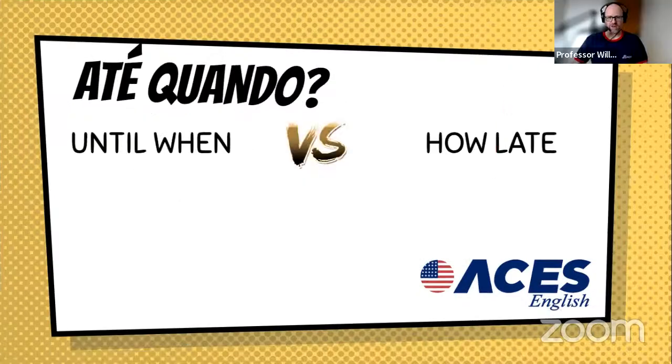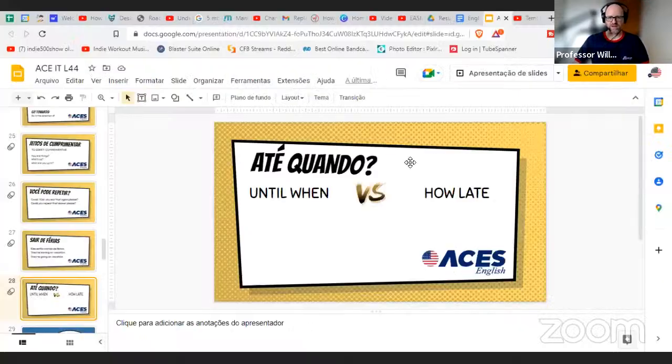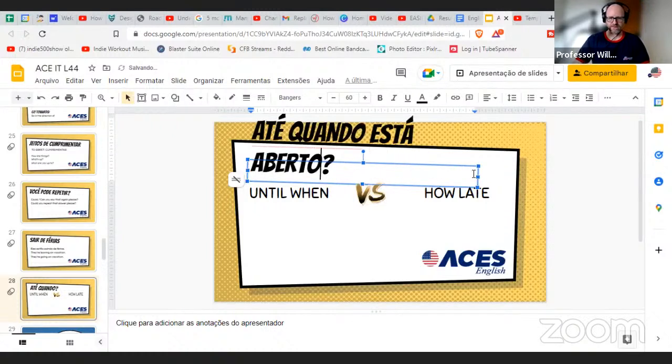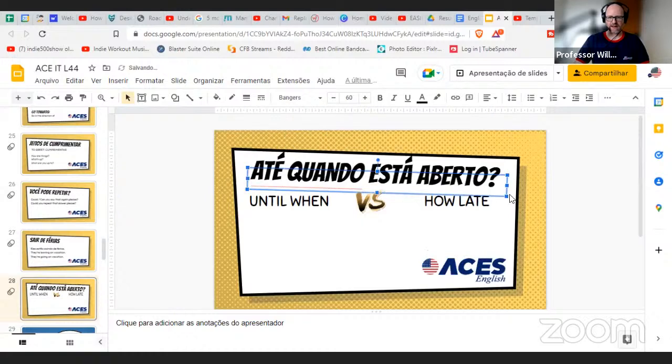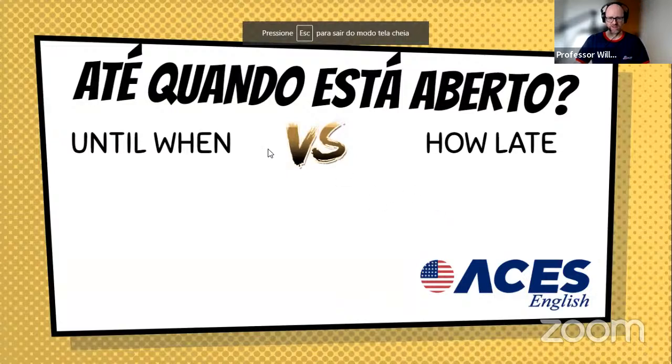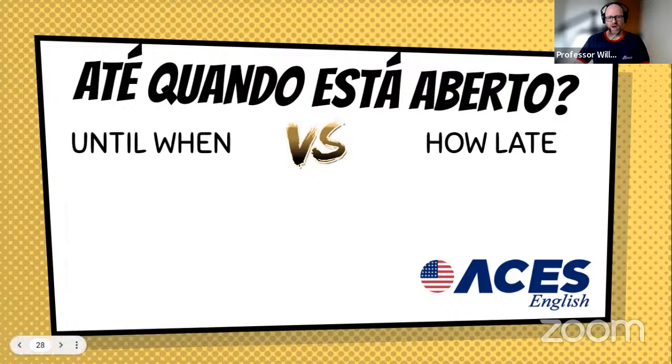Até quando? So, when we want to ask até quando, let's do this. Até quando está aberto? So, if you want to ask about an establishment, like a restaurant, a store, and we want to ask até quando está aberto, we can use until when, which is literally até quando, but in my experience, more often we use how late.